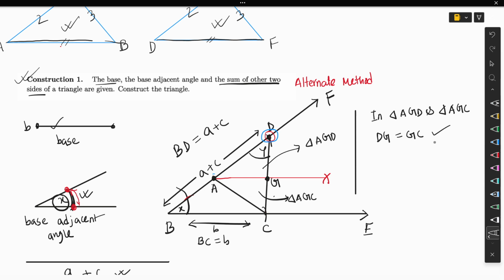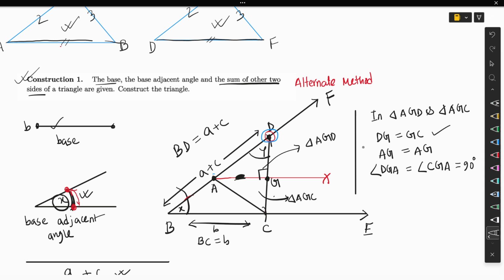We have one side equal, and AG is the common side, so AG is equal to AG, and we have this angle as 90 degrees, angle DGA is equal to angle CGA, as both of them are 90 degrees.